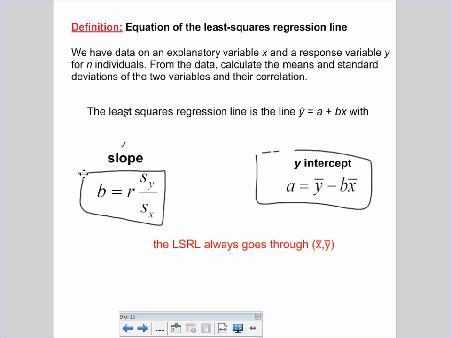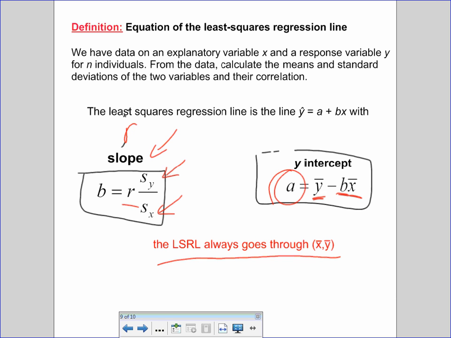And so once we have r, then the slope of the line is just the standard deviation of y divided by the standard deviation of x times r. Now, because the LSRL always goes through x bar, y bar, x bar, y bar is always a point on your regression line, the average x value and the average y value, then we can use the slope here, and we can just plug in and we'll get the y-intercept.